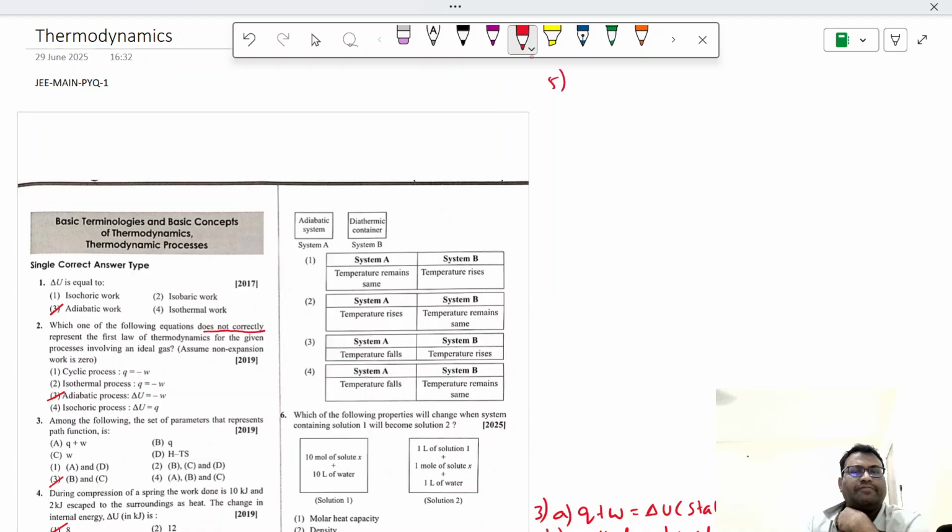Question number 5. So CH4 plus O2 gives rise to CO2 plus H2O. If you balance this equation, 4 hydrogen atoms are there, multiply by 2, so 2 plus 2 oxygens, 4 O2 in total, right?